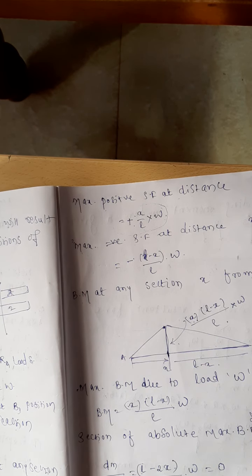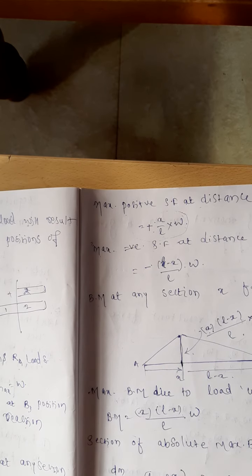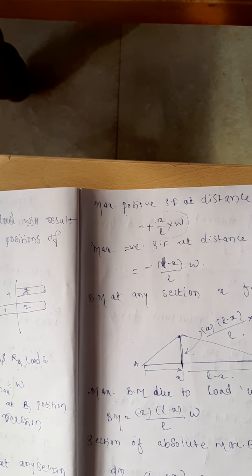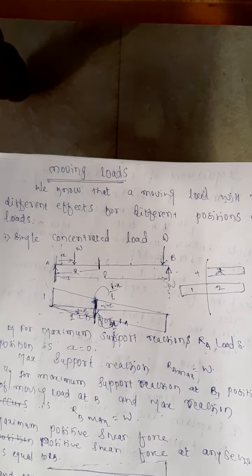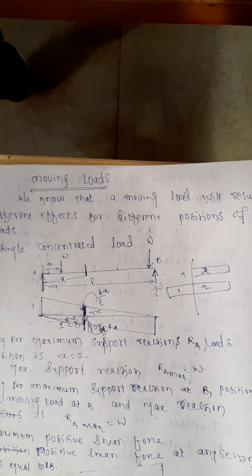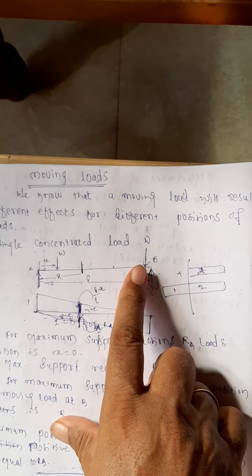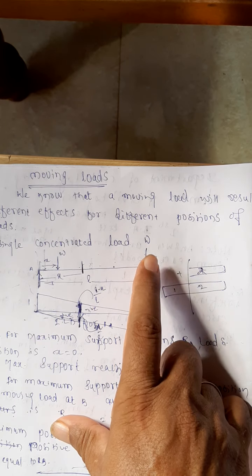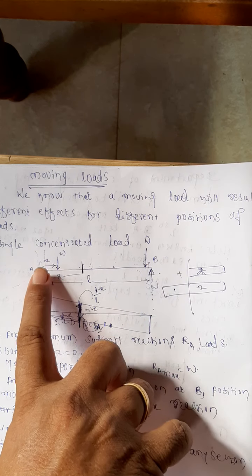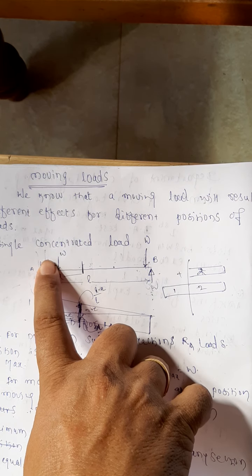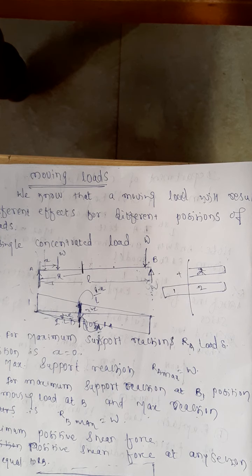What we all learned here for the single load, what are our conclusions or findings in the case of the single load? When a single load is moving from one end to the other end, the maximum positive shear force will occur when the load is near the left support, and maximum negative shear force will occur when the load is near the right support, and that shear force is equal to the magnitude of the load.